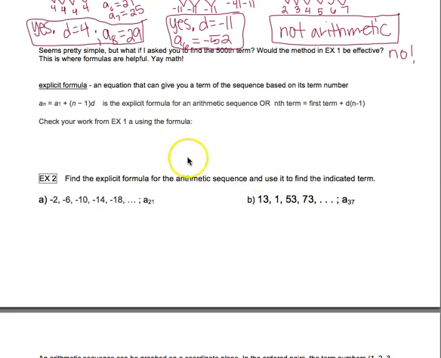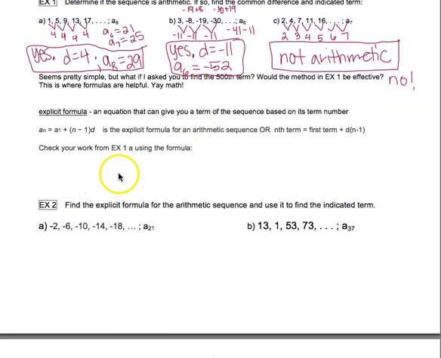So we can check our work from example 1a using the formula. I say, okay, if this is true, then I should be able to confirm it here by saying nth term, which my 8th term was 29, equals my first term, which is 1, plus the common difference, which was 4, times n minus 1.